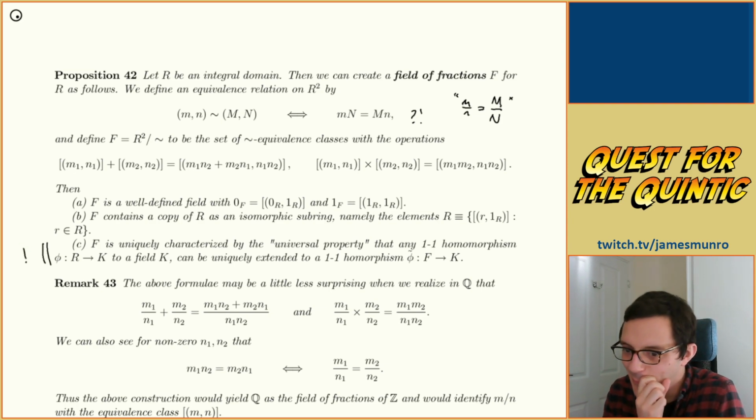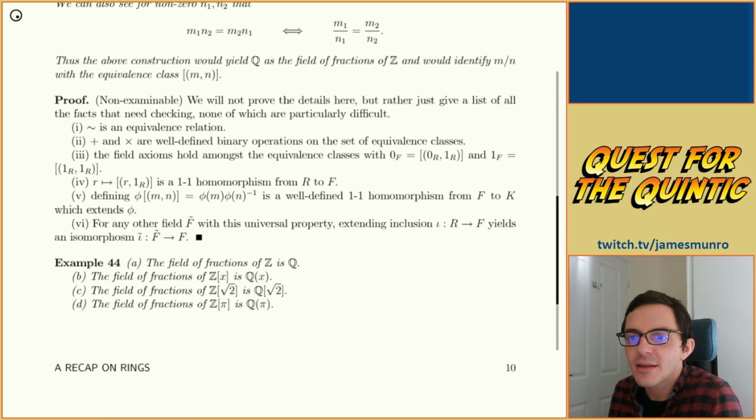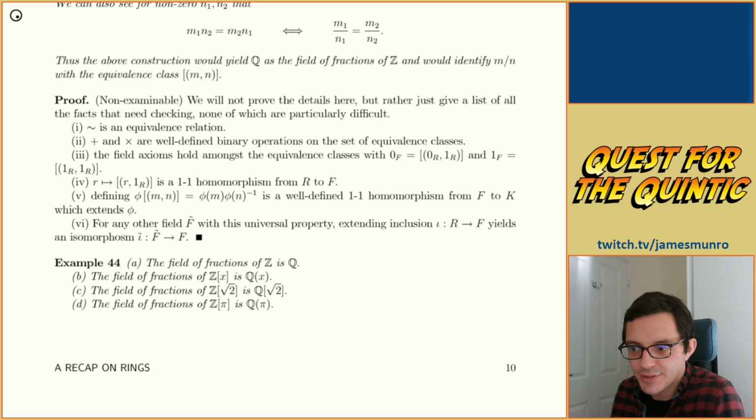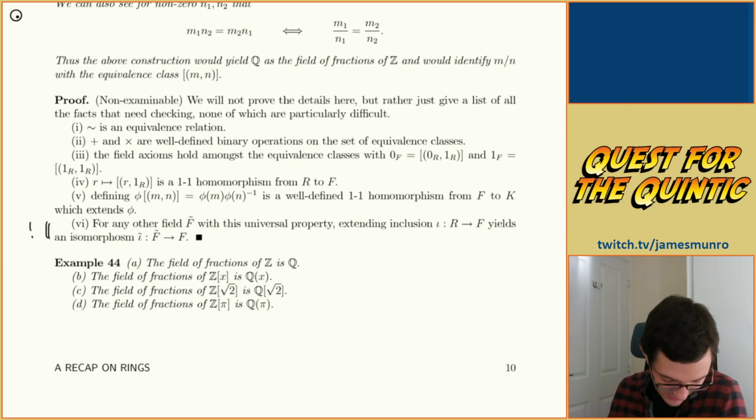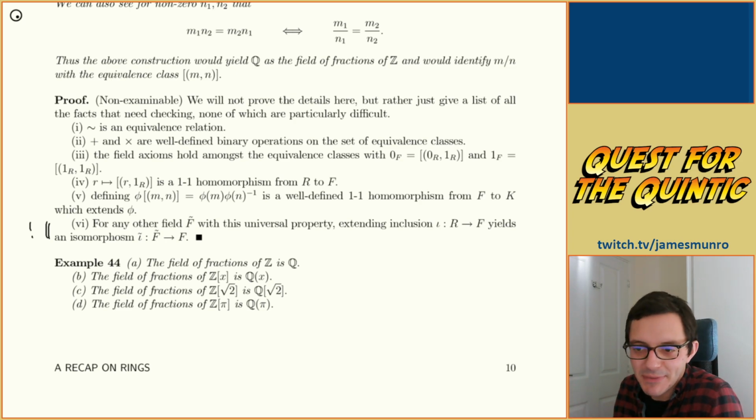I'm not going to read it now, but it looks important. Q is the field of fractions of Z, that's good. Right, okay, you've got to check a whole bunch of stuff. Extending inclusion. Okay, so that last bit looks really clever and technical.